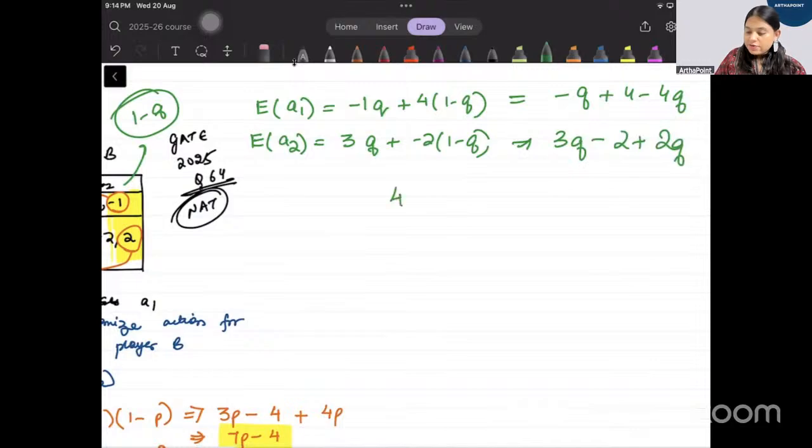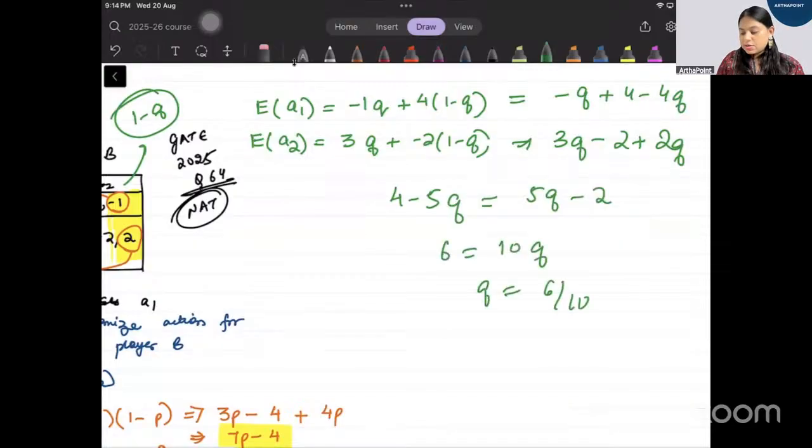So you will get 4 minus 5Q equal to 5Q minus 2. Then also you are getting the same answer, Q equal to 6 by 10.